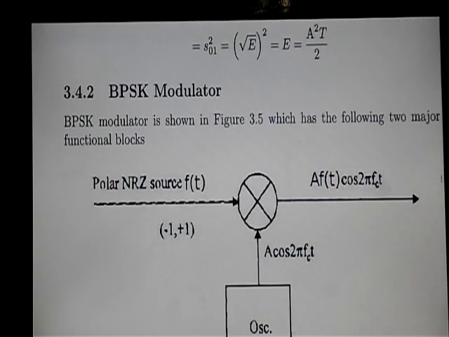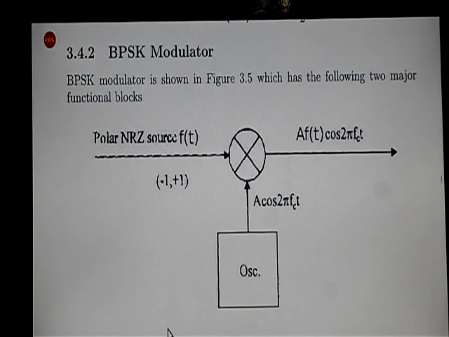Now for today's lecture, our topic is the BPSK modulator. We will discuss the block diagram of a BPSK modulator. As you can see in this figure, you have two major blocks, an oscillator and the polar non-return to zero source, which gives you f of t.